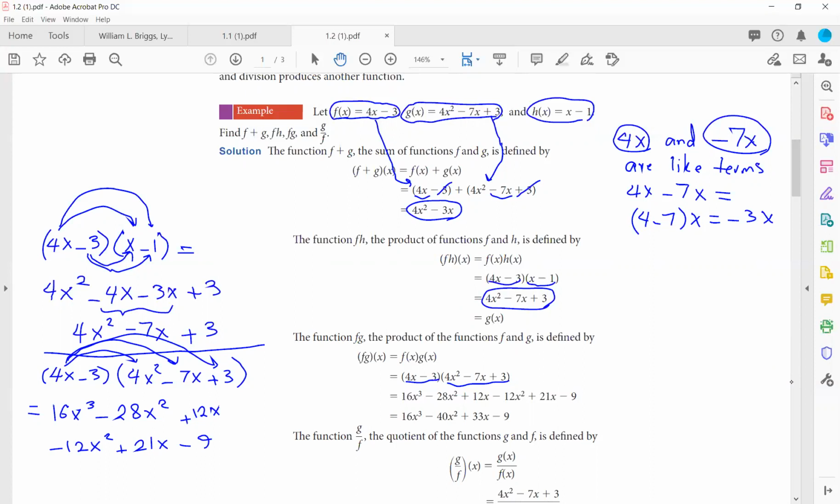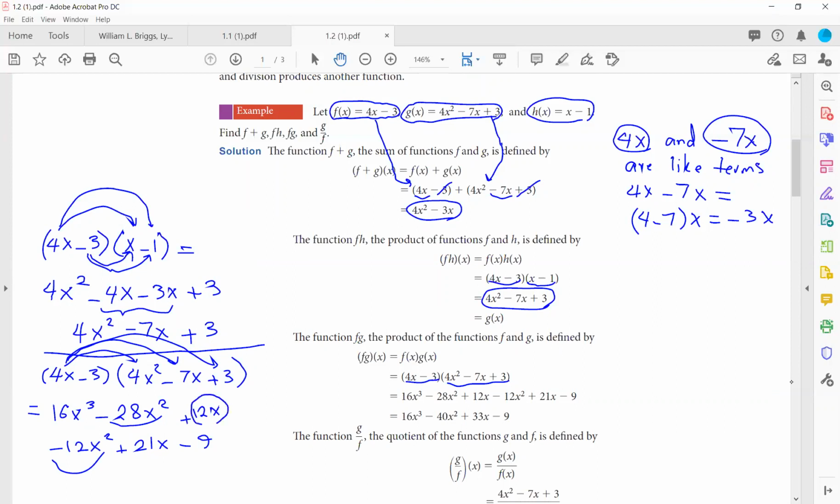So you copy down 16x cubed. Negative 28x squared and negative 12x squared are like terms. So minus 28 minus 12, you add these two numbers together and put a negative sign in front of it, which is negative 40x squared.